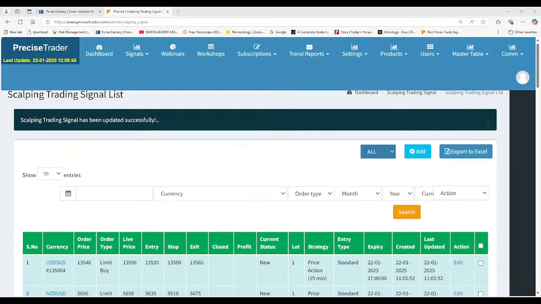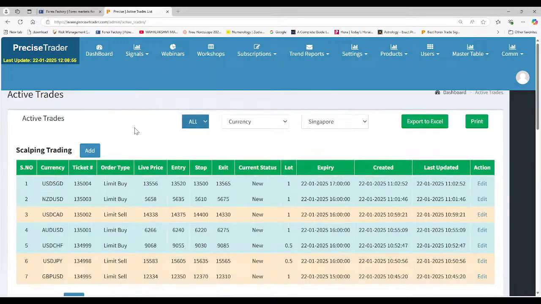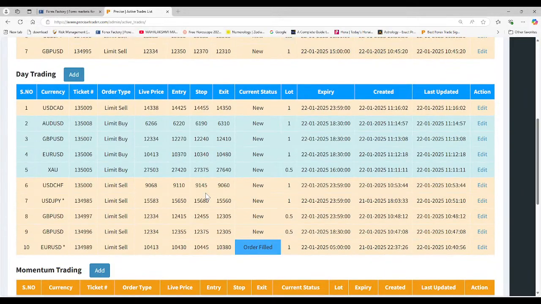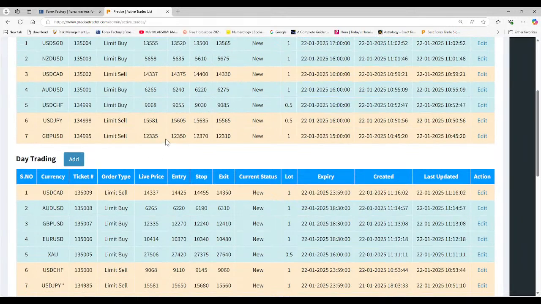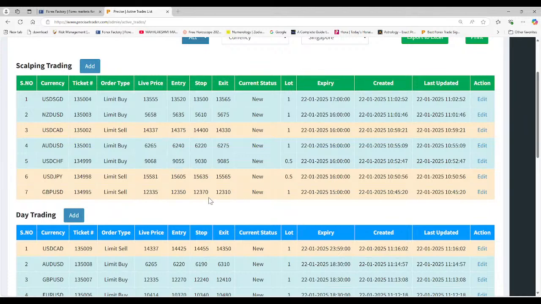Okay, we have given a sell at 12350 and 55, and we have 12415 and 12270, one lot.